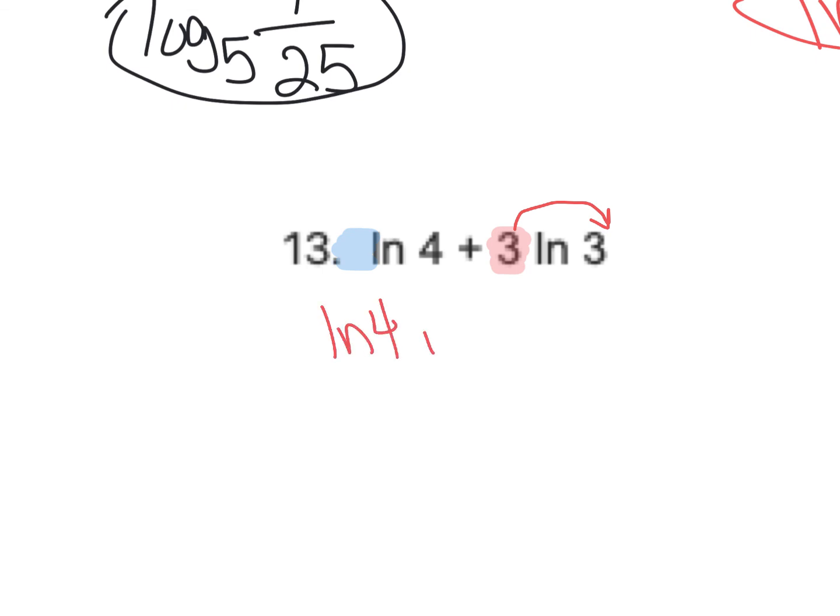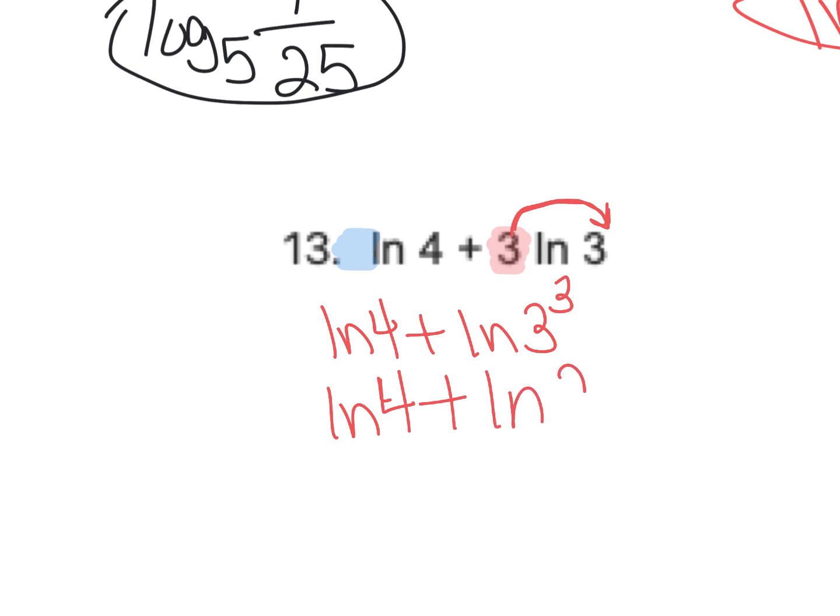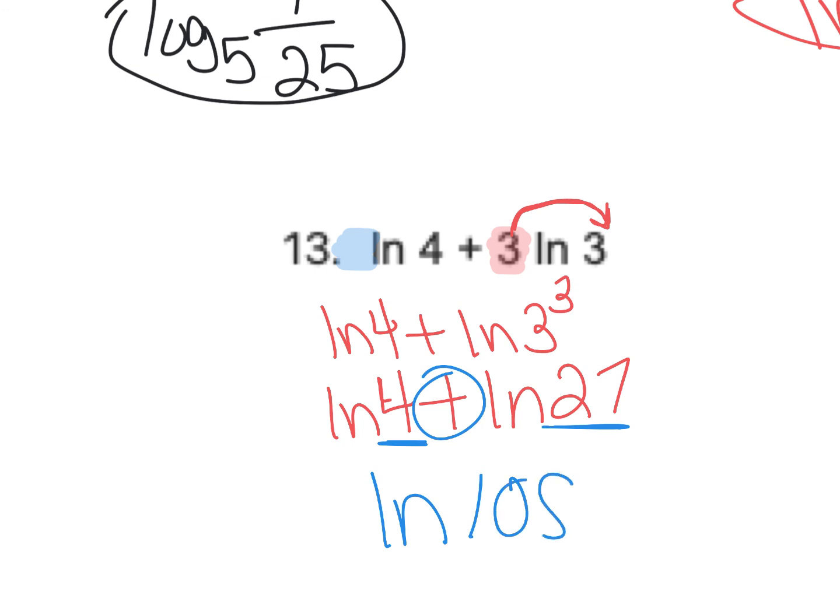That's going to stay the same, plus the natural log of 3. We need to move that 3 back up into its place as the exponent. So then we have the natural log of 4 plus the 3 to the third, which is 27, the natural log of 27. Now this addition here tells me that I need to multiply these two things together. So I'm going to have the natural log, and 27 times 4 is 108.